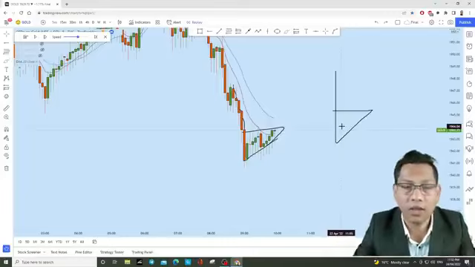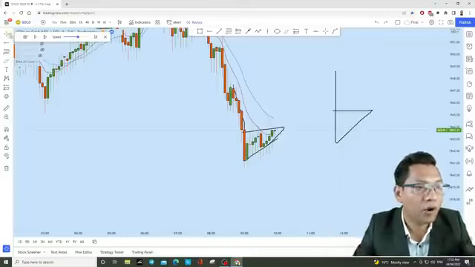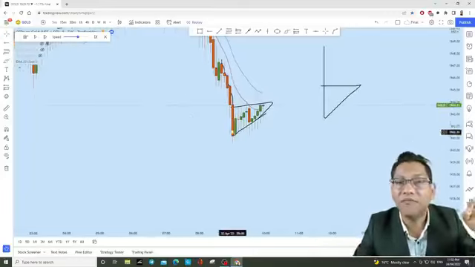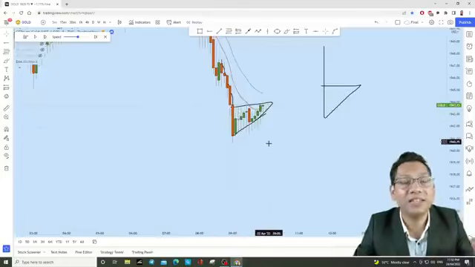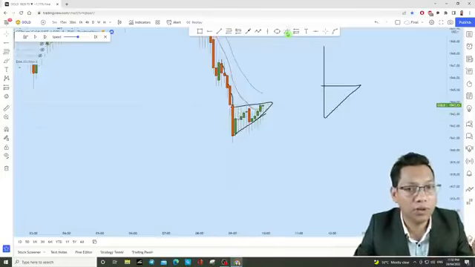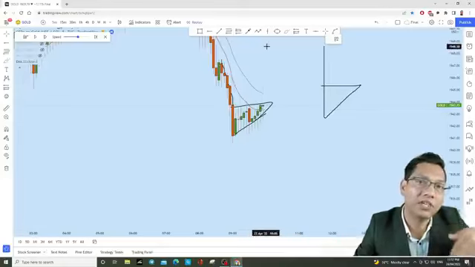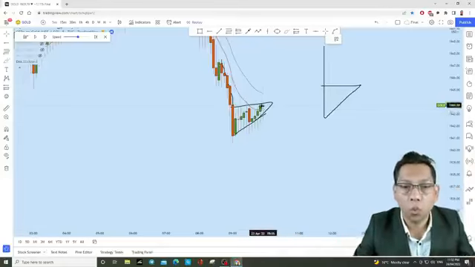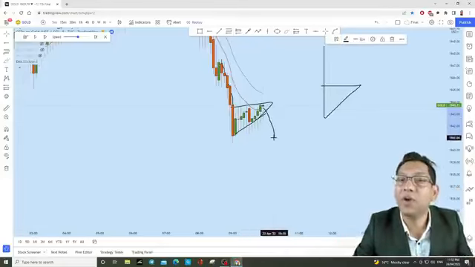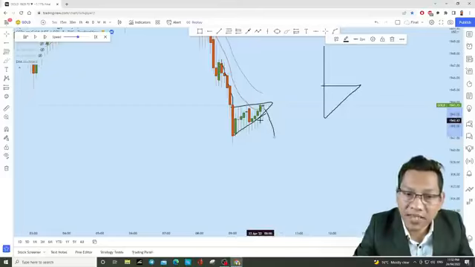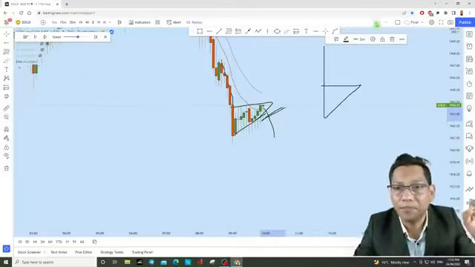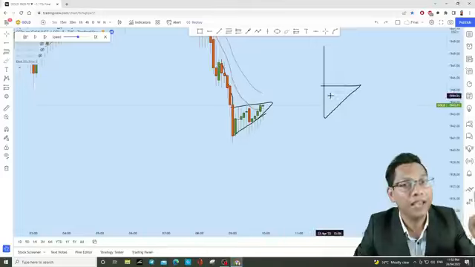So that's why we will be waiting for a breakout from this 5 minutes structure. Until it breaks out, never enter any trade because it may start to move up again. So once it breaks out from this 5 minutes structure, then we will place our pending order on the retest of this previous support as a resistance.